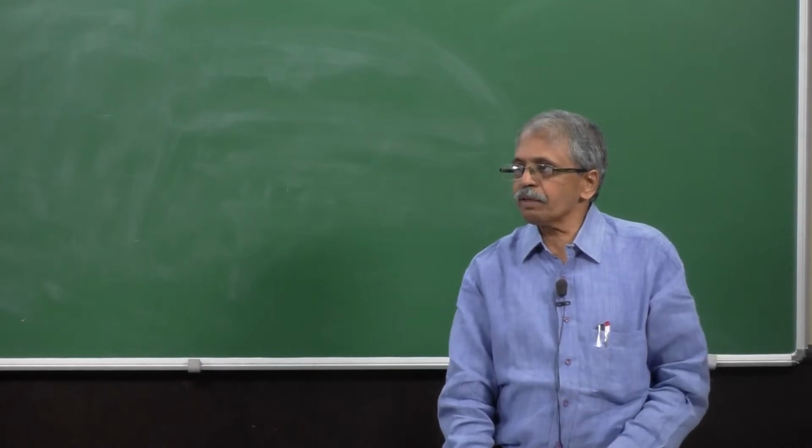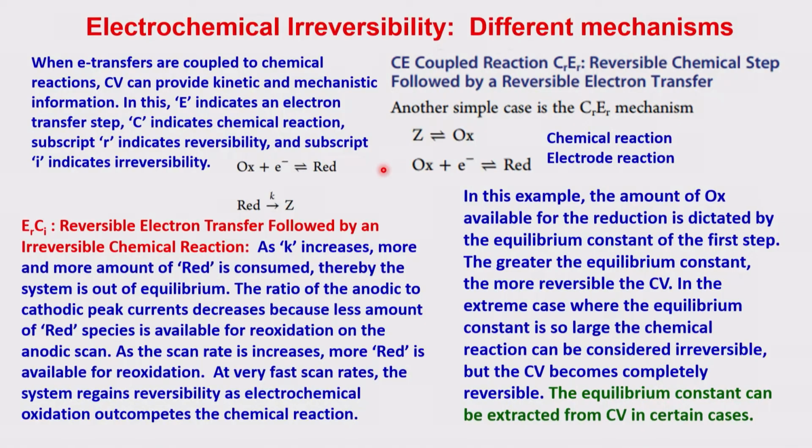What this basically means is that suppose you have a species referred to as Ox, the oxidized form, and if it takes an electron, it goes to the reduced species. This is the first electron transfer reaction. This reduced species, if available at the surface, should go back.